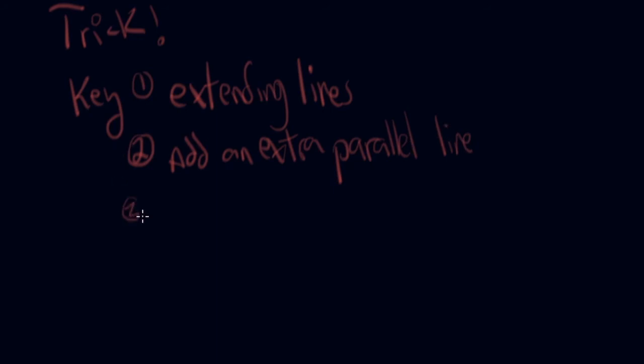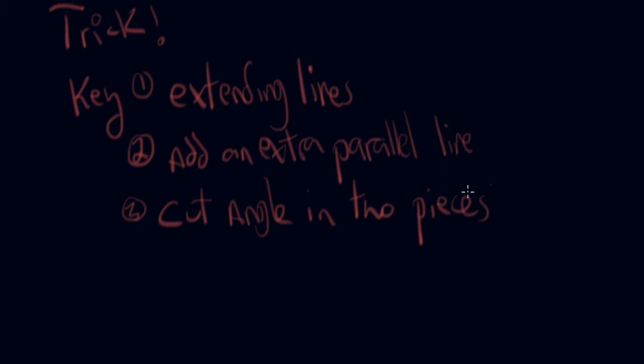And the third thing is, what happens if I cut an angle, and now I'm going to be in two pieces. Notice I didn't say in half, in two pieces. Cut into two pieces. I'm going to put a green box around it. It must be important if I put a green box around it. So we're going to use those ideas for the next following question.